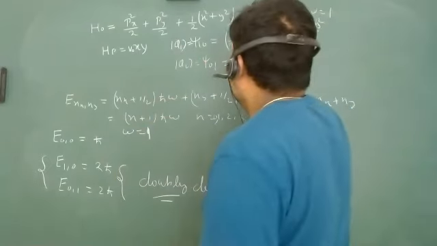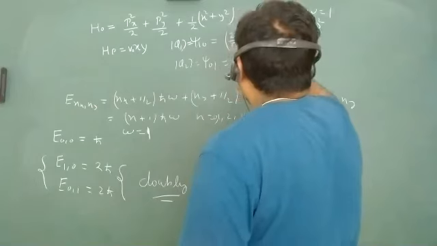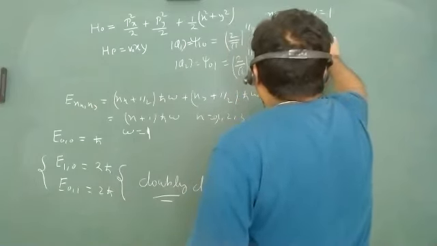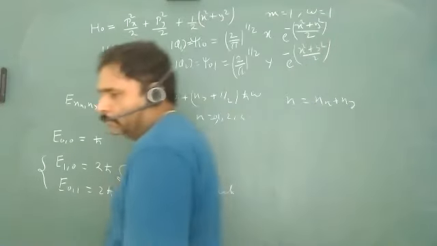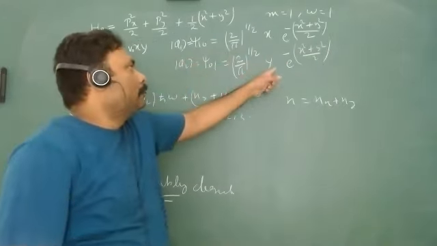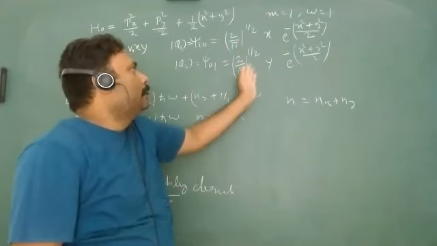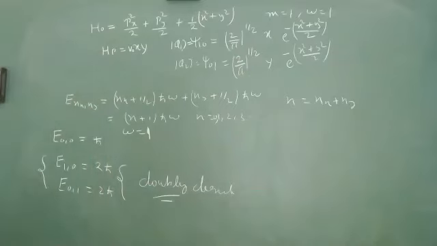That value is 2 upon pi to the power half y e to the power minus (x square plus y square) by 2, just from the symmetry. You remember the use of Hermite polynomial? This is h1(x), here is h1(y), h0(x) is h0(y) is 1. So these are all the terms.